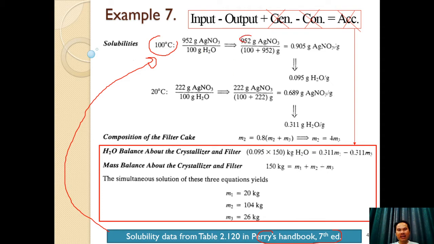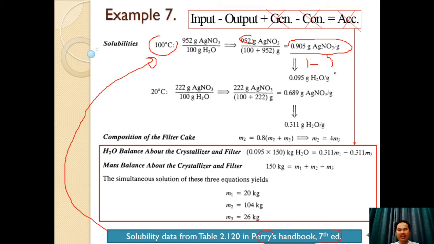The solute is 952 divided by 100 plus 952. You get the fraction of silver nitrate is 0.905 gram silver nitrate per gram total. And then you can calculate the fraction of water by 1 minus this term, you get 0.095 gram.